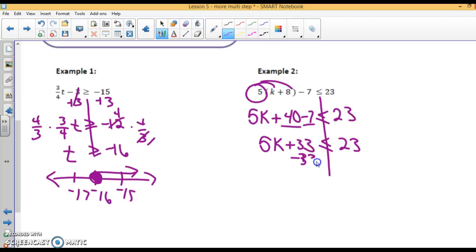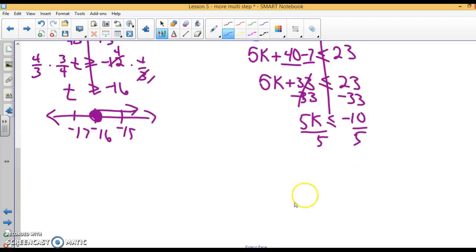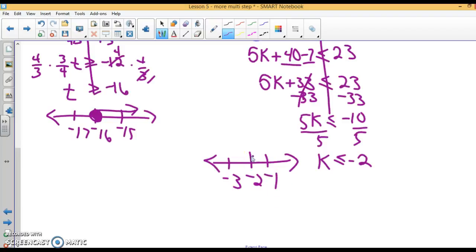Subtract 33 from both sides. 5k is less than or equal to negative 10. Divide both sides by 5. I am not going to switch my inequality because I'm dividing by a positive. So k is less than or equal to negative 2. When I draw my graph, I'm going to have a solid circle because it's equal to, and I'm going to shade left for less than.